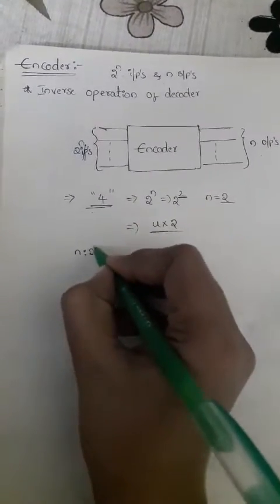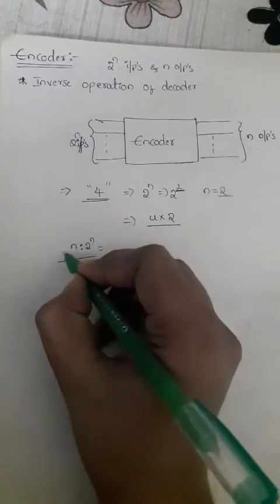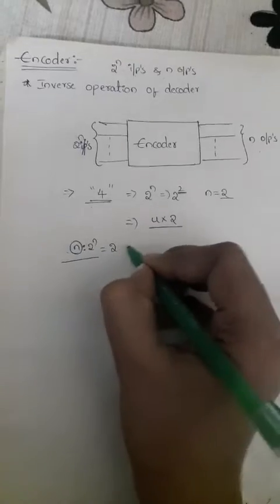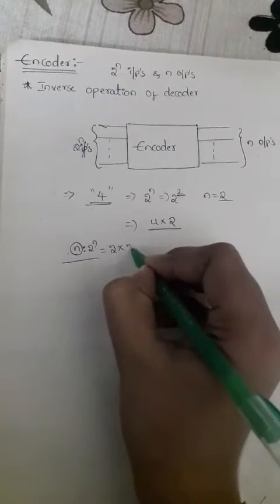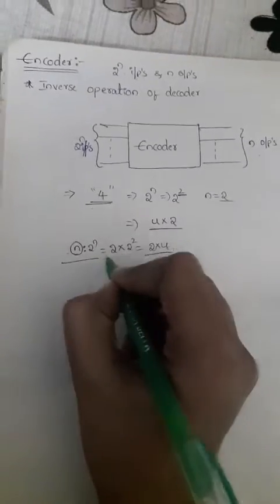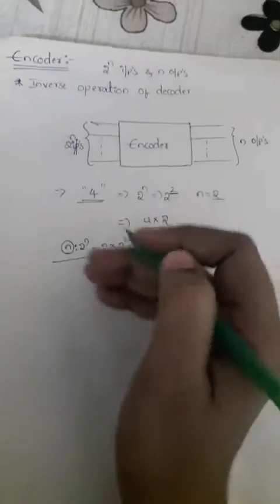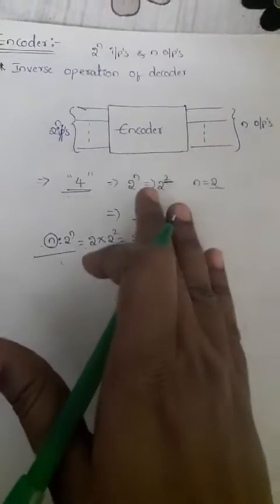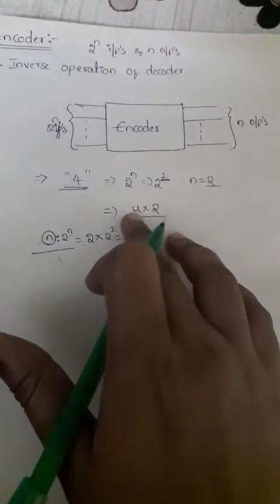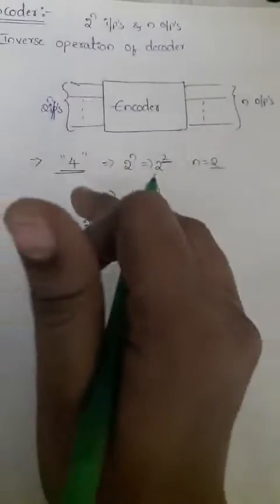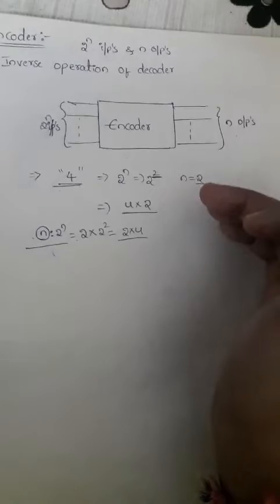In the decoder we say n to 2 power n. For example, if the input lines are 2, then we get 2 to 2 square, which means a 2 by 4 decoder. In the encoder, if you provide 4 input lines, you get 2 output lines.